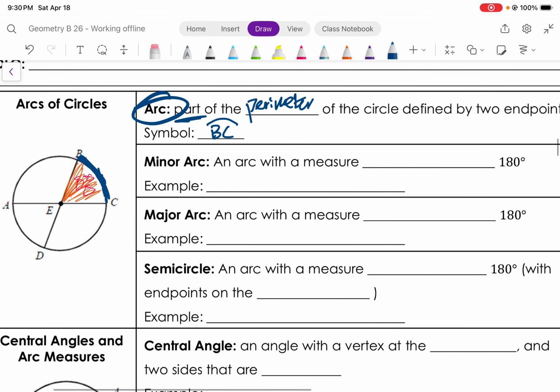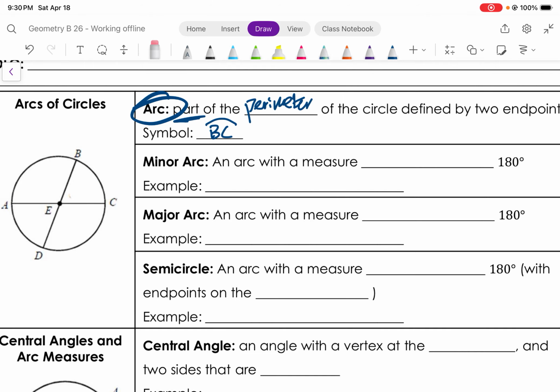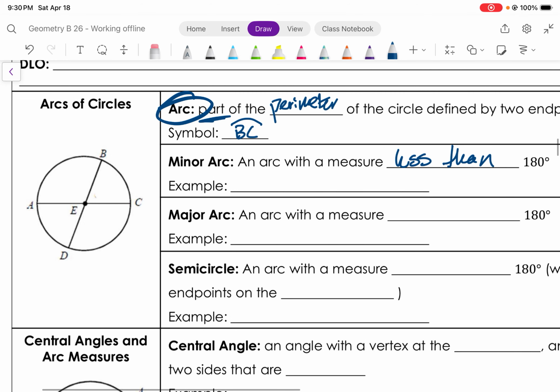Okay, and there's some different types of arcs. A minor arc is an arc with a measure that's less than 180 degrees. Okay, 180 degrees would be half the circle, so minor would be less than half the circle.